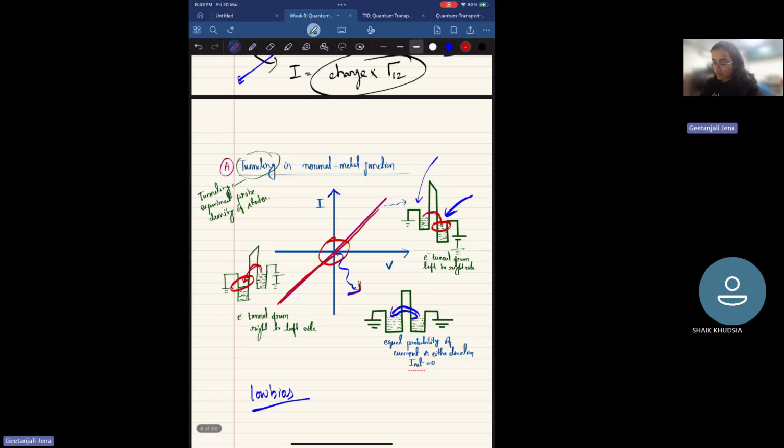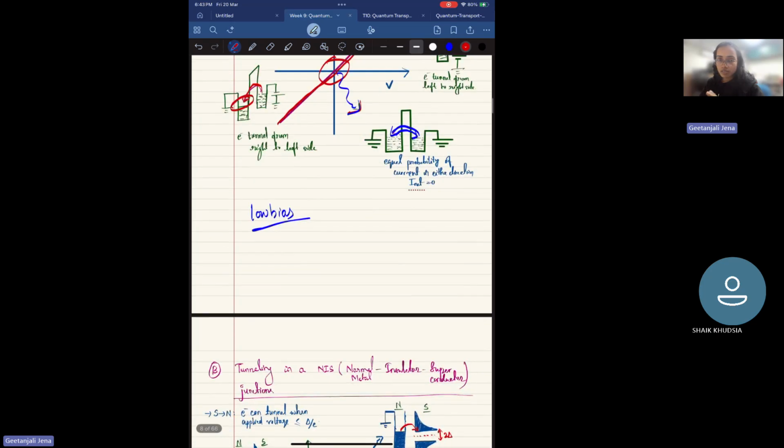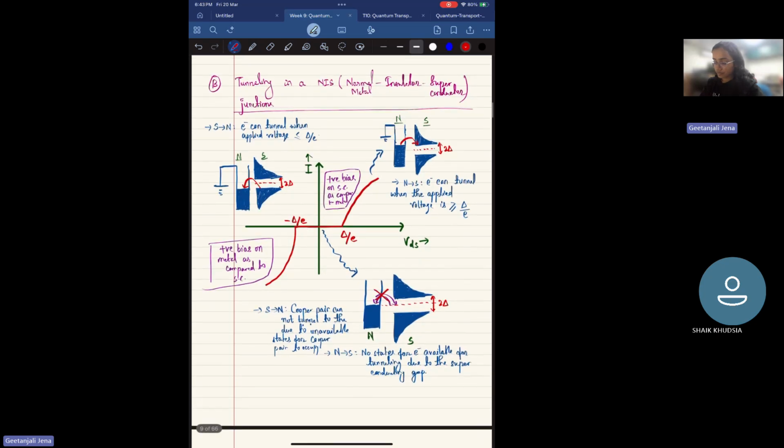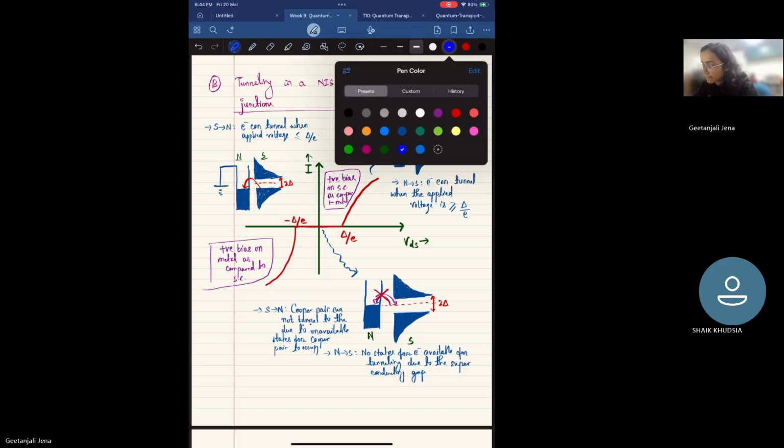Now let us see what will happen if we replace one of the metals by a superconductor, which is the case here. For the superconducting state, if you look at the zero bias case, this we have already seen also.